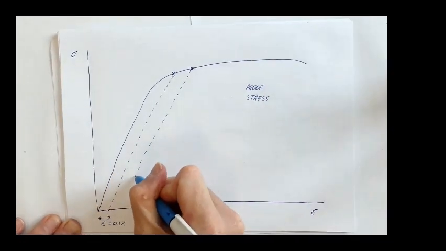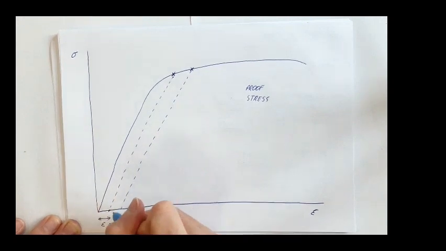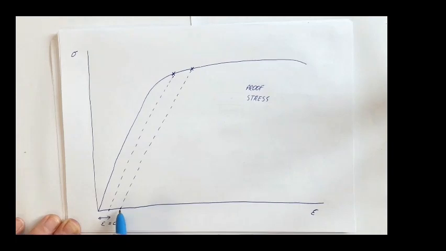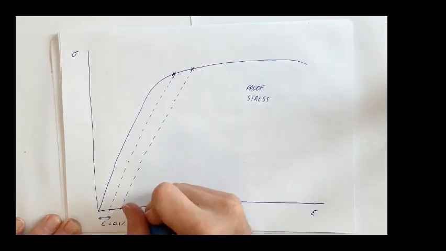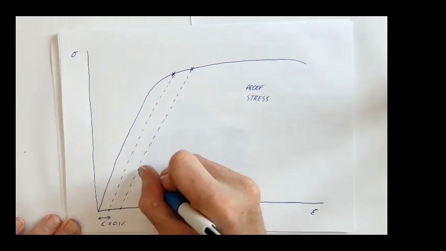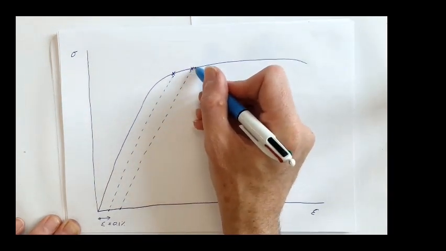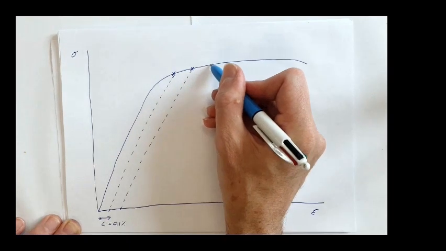So we'd come back down to this point down here. Again, we've got zero stress. We're seeing an even greater amount of strain. If we were to load that again, we'd go back up this line to this point here, and then we'd carry on along our stress strain curve.